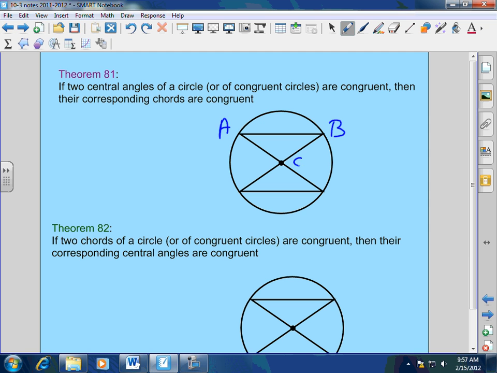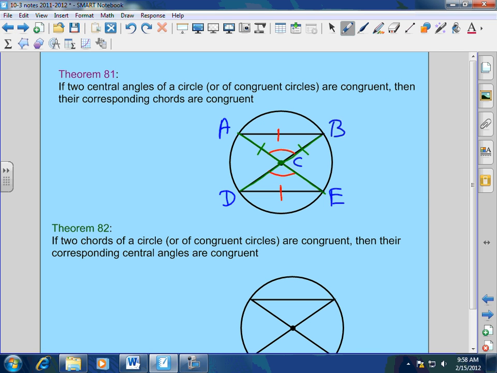Let's call this A, B, C, D, and E. So, according to theorem 81, if two central angles, ACB, being congruent to DCE, then chord AB will be congruent to chord DE. And you prove this. How? Well, this is a radius, this is a radius, that's congruent to that.